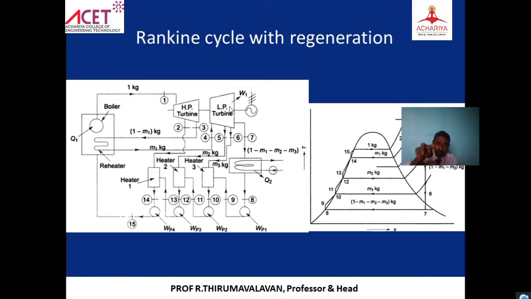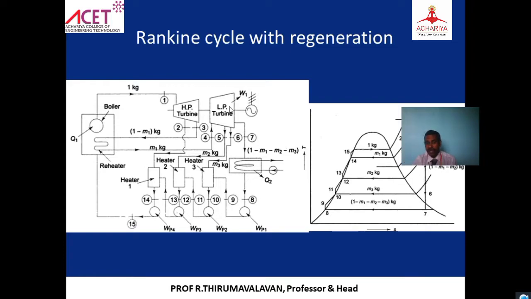Again we take some amount of steam at point number 5. How much? M2 amount. For your explanation purpose, I am taking M1 first. We take it out for the reheat process, and again we take some part in the low pressure turbine.